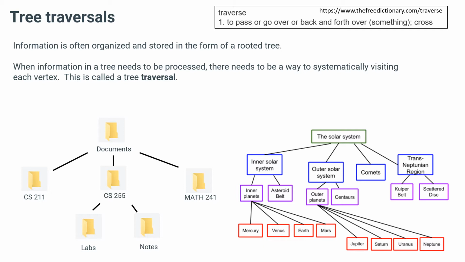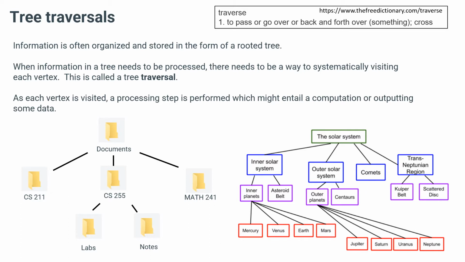Or maybe we're reading a book and this is how the book is laid out, and we're trying to decide which order we'd like to read that book. So when information in a tree needs to be processed in some way, whether we're searching or printing or whatever, there needs to be a way to systematically visit each vertex, and that would be called a tree traversal.